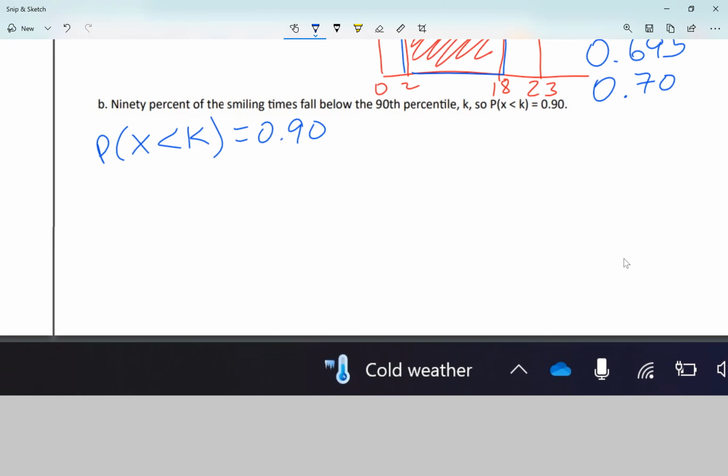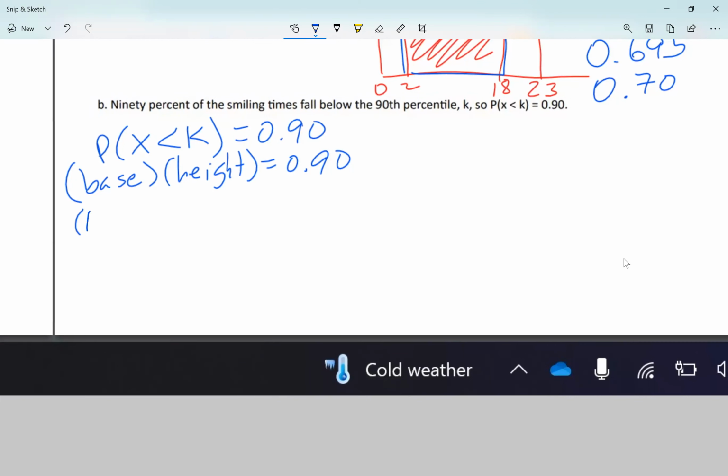If I do this as a rectangle, I can go base times height equal to 0.90. The base is K minus 0. The height, we said, is 1 over 23. And this is equal to 0.9.